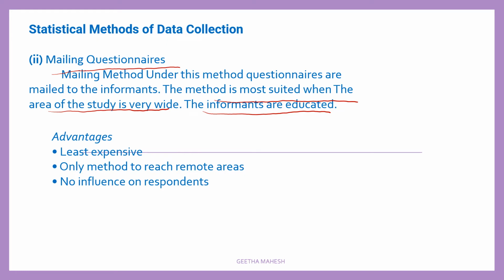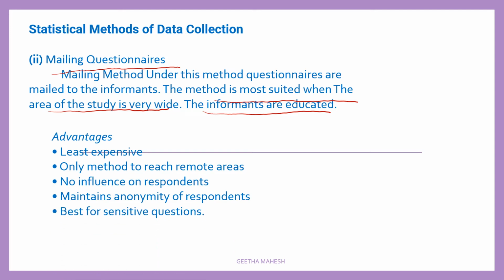So personally, the investigator cannot influence the respondent. Maintains the anonymity of respondent. As we will be sending the information directly to the investigator, there won't be any leak of information with respect to the respondent. Best for sensitive questions.